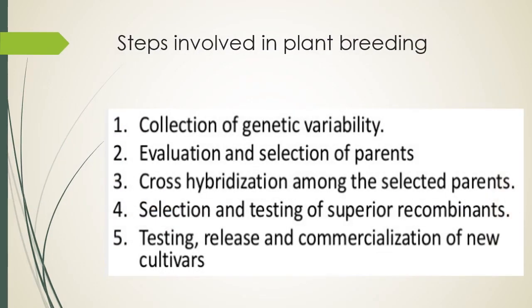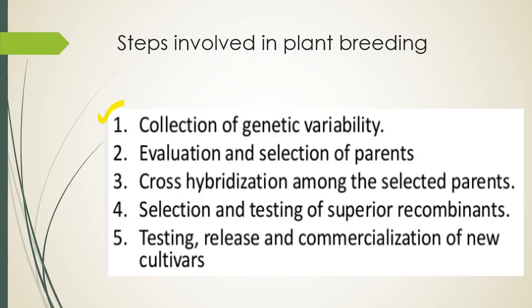So now we are going into the plant breeding technology. These are the steps you have to follow. Each and every step is important in the process of plant breeding. So what are the different steps? The first thing we have to do is the collection of genetic variability. We will discuss each topic in detail.